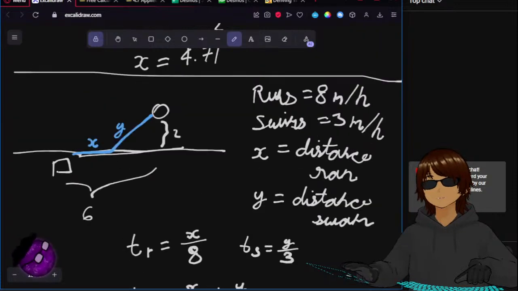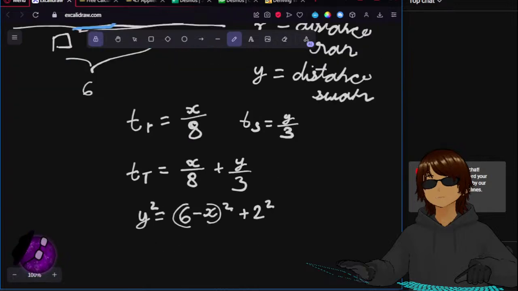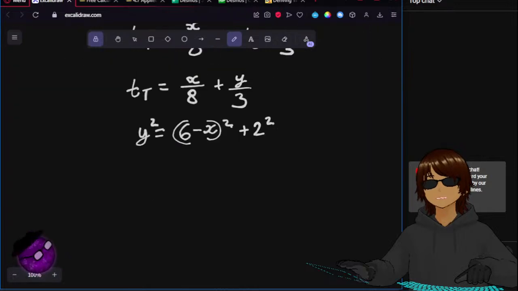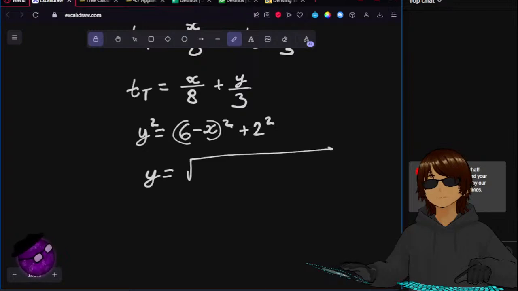So this squared plus this squared is y squared. That would mean y is equal to the root of (6 minus x) squared plus 4.